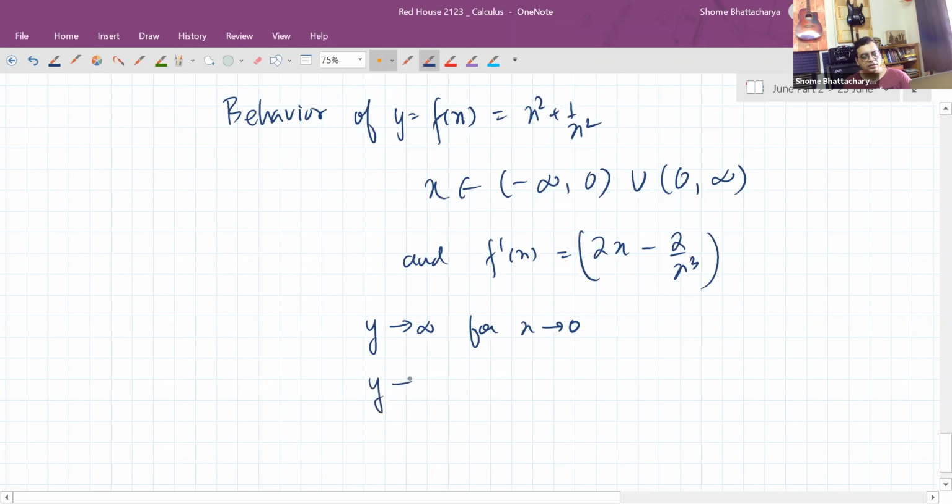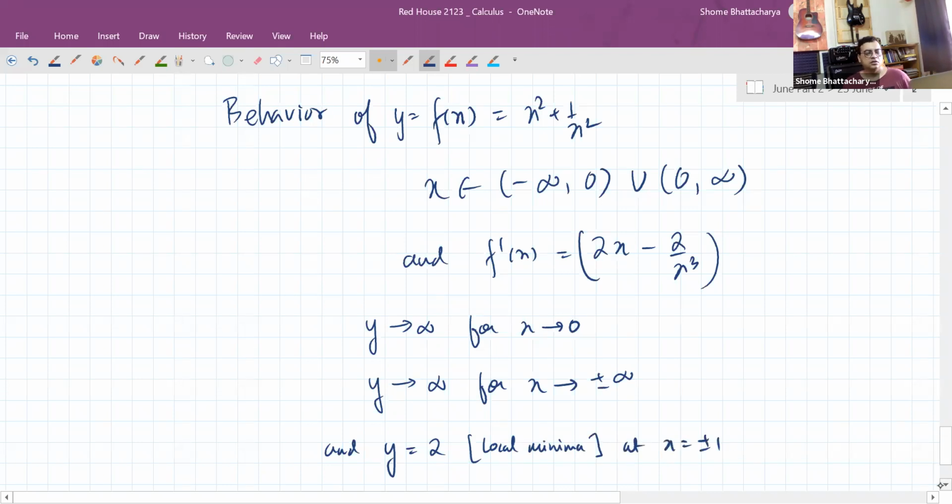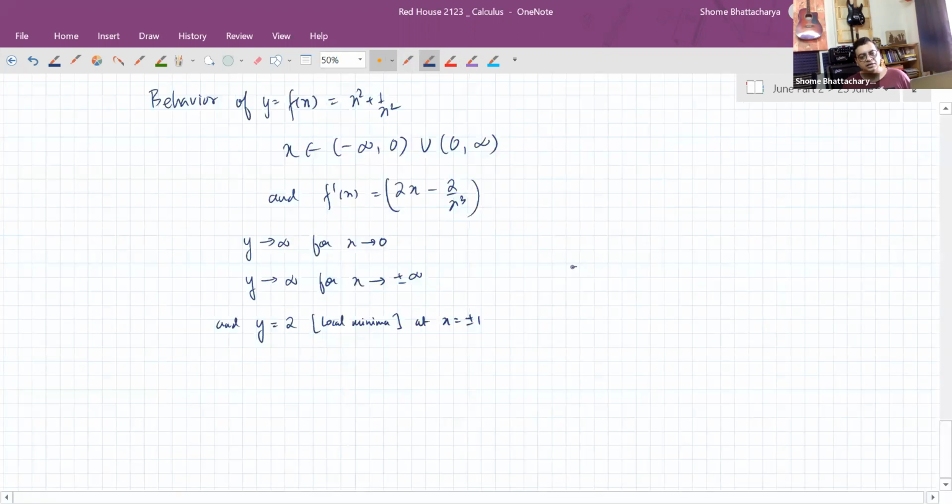We can see that y also tends to infinity for x tending to either plus infinity or minus infinity, because there's the x squared term. And y equal to 2 is the local minima at x equal to both plus and minus 1. So if we think of a number line analysis, 0 is a point which is removed from the domain.